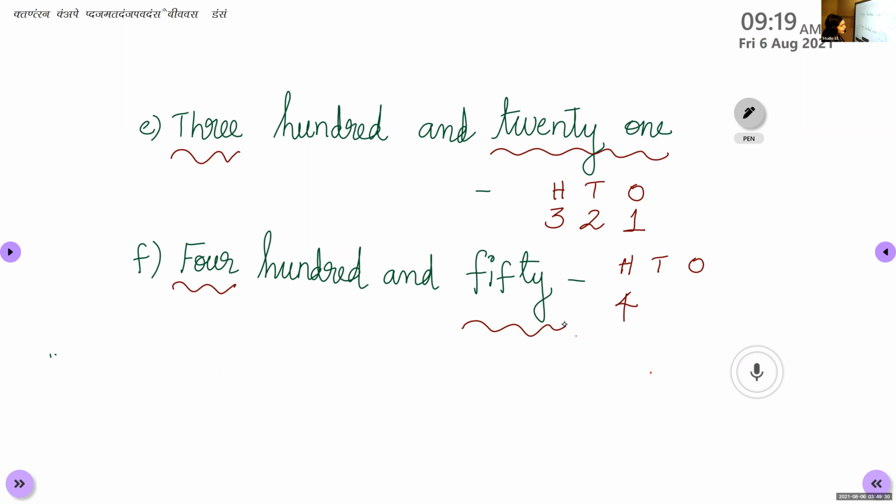To write 50, in tens place, which digit do we have to write? 5. Correct. In ones place? 0. Correct, my dear. Very good. So, these are the homework answers.